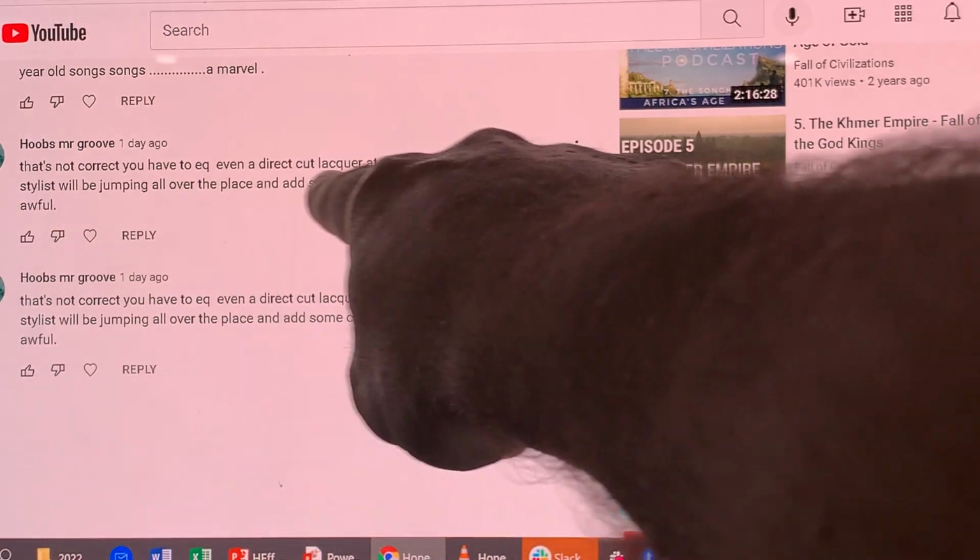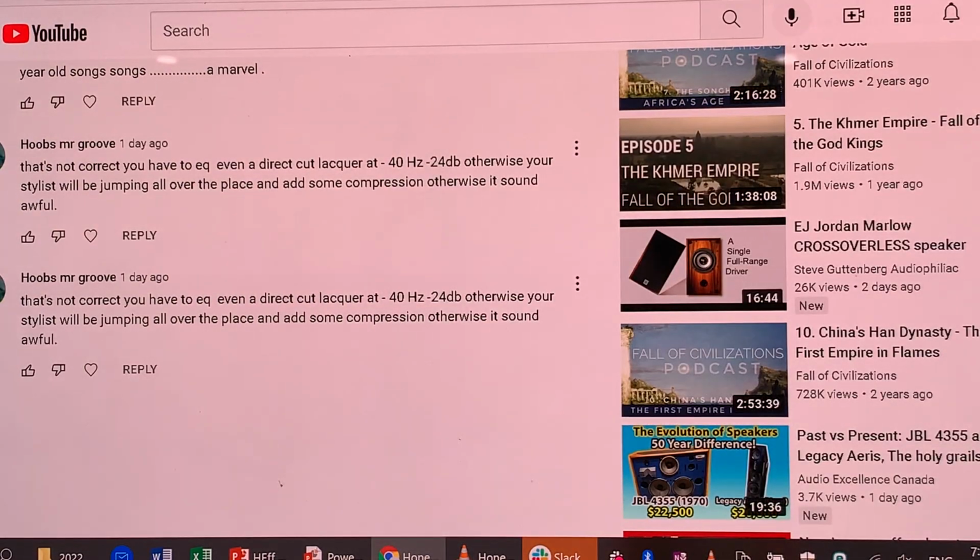And it's mentioned that it adds some compression, otherwise it sounds awful. And no, there is no compression added to the signal. Compression is when you change the relationship of a soft signal versus a loud signal at the same frequency.